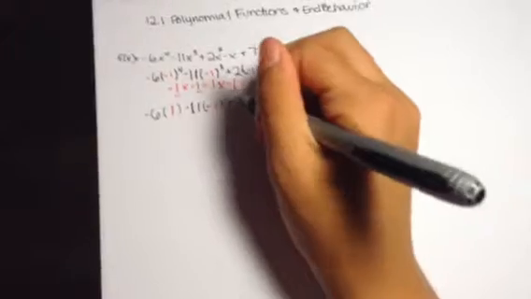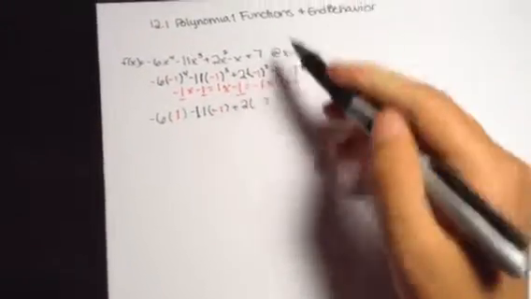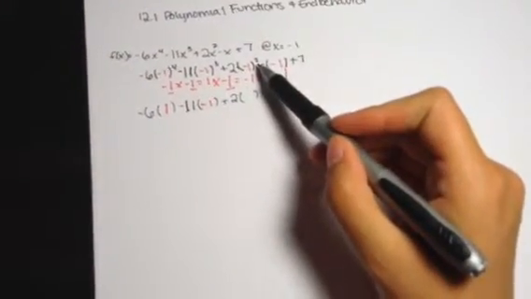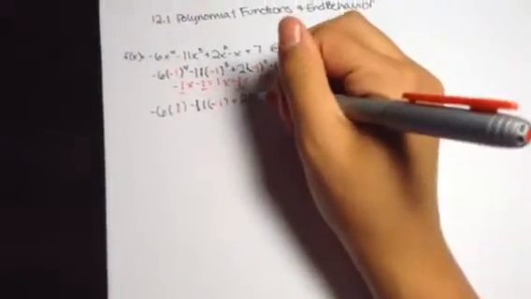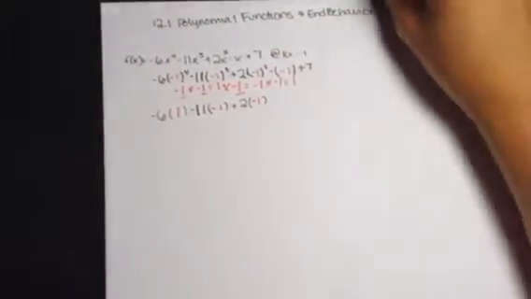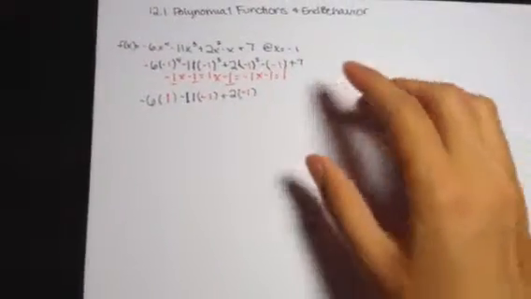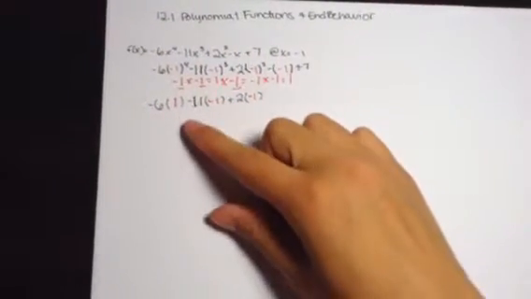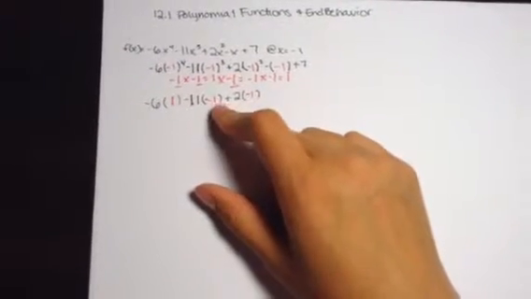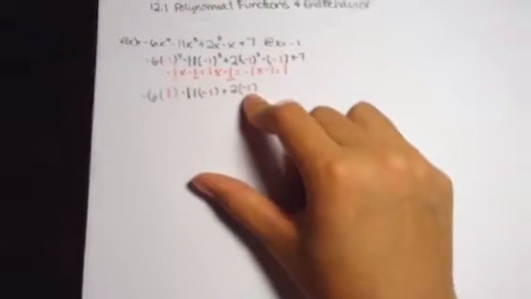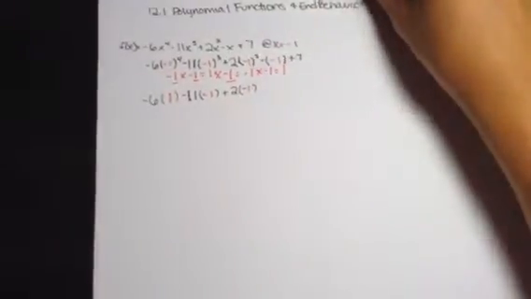Then plus 2, here this is even, so that'll make this positive. So right now you should have negative 6 times 1 minus 11 times negative 1 plus 2 times negative 1.